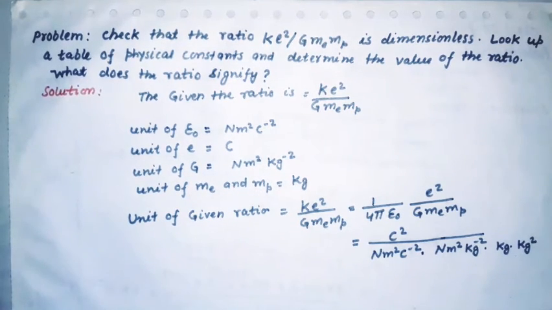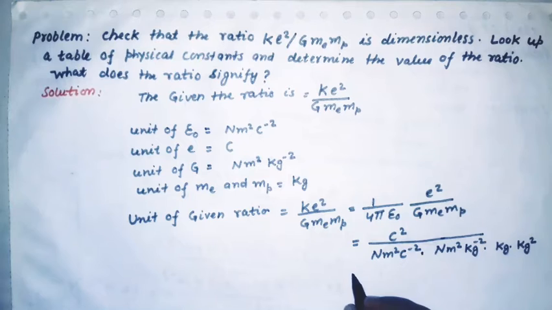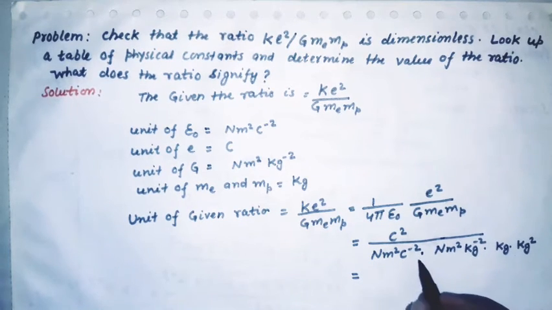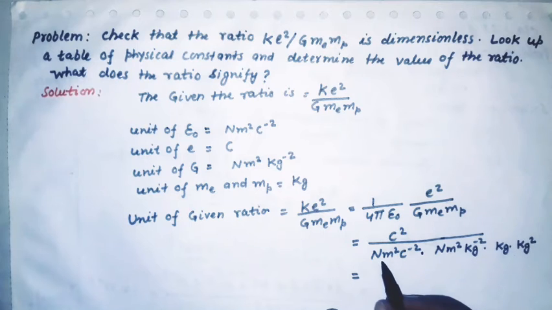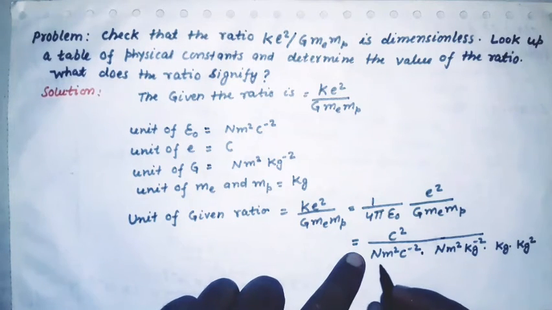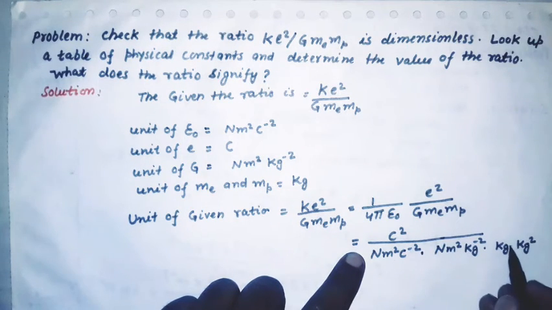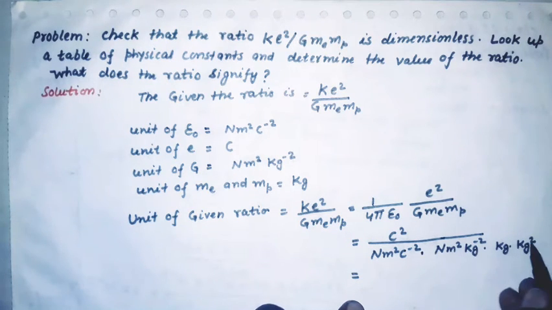So now we can solve all these given units. This will be reduced to kilogram per kilogram square and kilogram square. This will become 1.